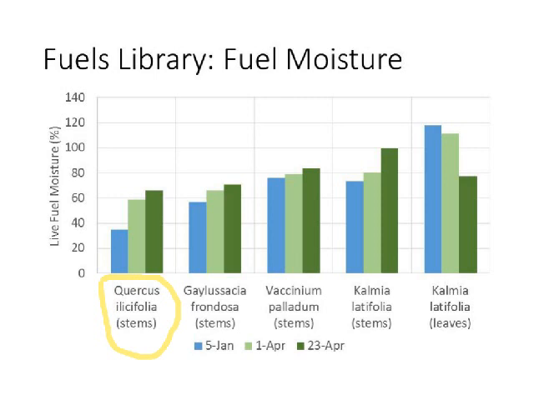But at the end of April, it was almost 70%, so almost twice the moisture that it had just 3 months earlier. Interestingly, if we go to the other end over here, we look at mountain laurel, we can see that the foliage actually decreases in moisture, at least throughout the spring. So it's going to be really interesting to see how this plays together and how these attributes of moisture will feed into this fuels library that we're developing.